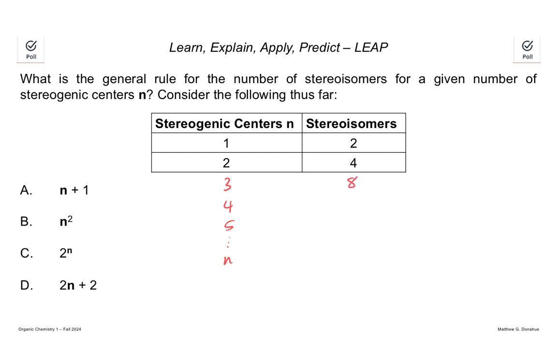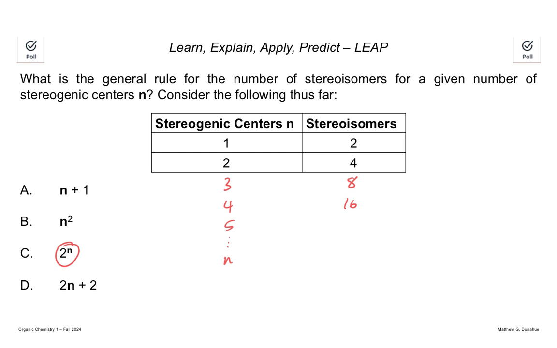What do you think 4 gives you? 16. And then of the responses shown, what do you think the rule is for n stereocenters? It's going to be 2 to the n.